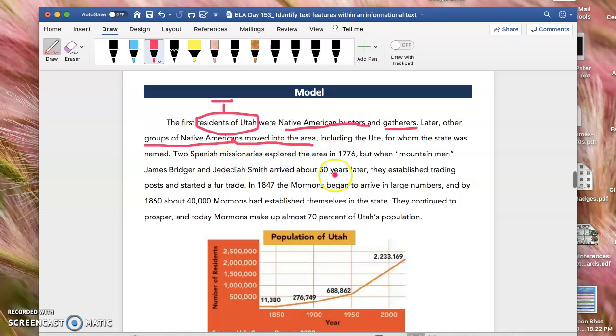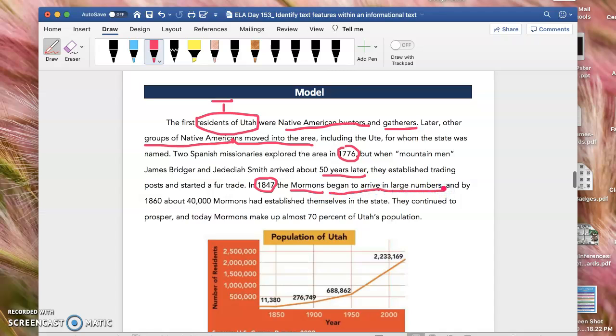Two Spanish missionaries explored the area in 1776. That's the date, so that's important. But when mountain man James Bridger and Jedediah Smith arrived about 50 years later, they established trading posts and started a fur trade. In 1847, the Mormons began to arrive in large numbers.